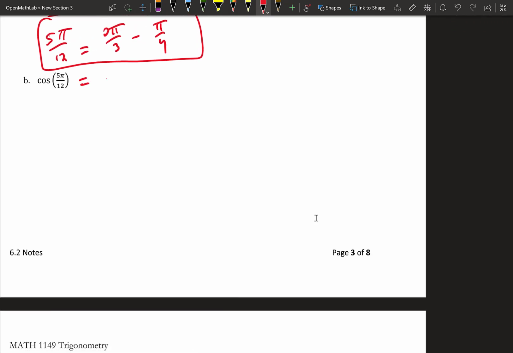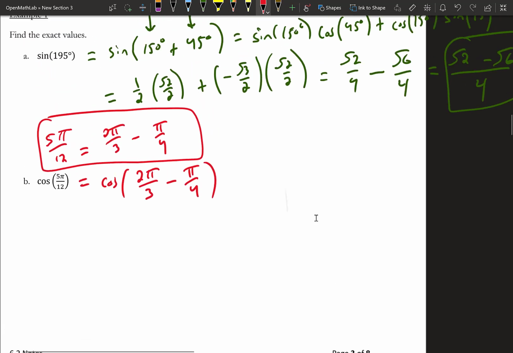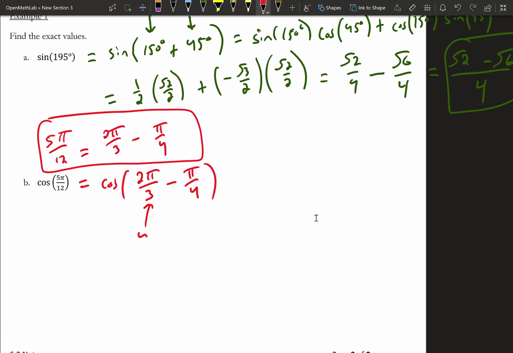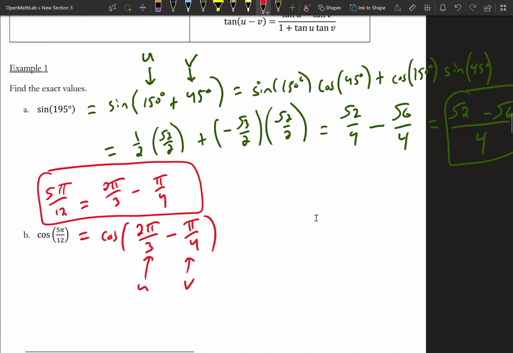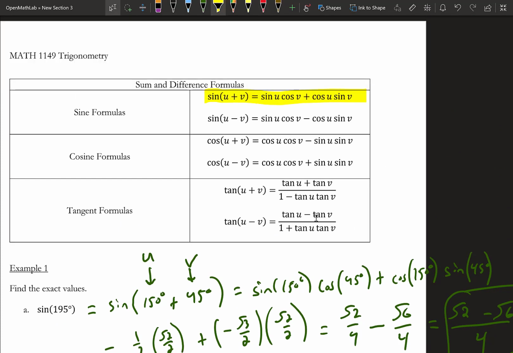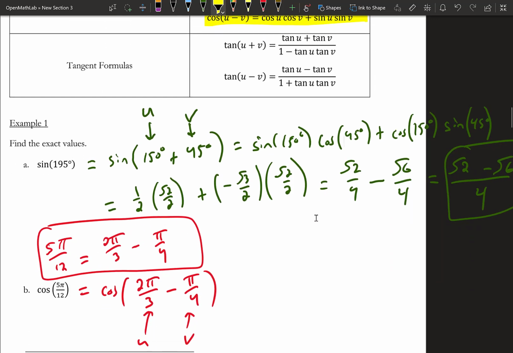So then this would be cosine of 2 pi over 3 minus pi over 4. So this is like my u, this is like my v. What we're using is the difference formula for cosine. So we're just applying that formula, plugging in the u and v.